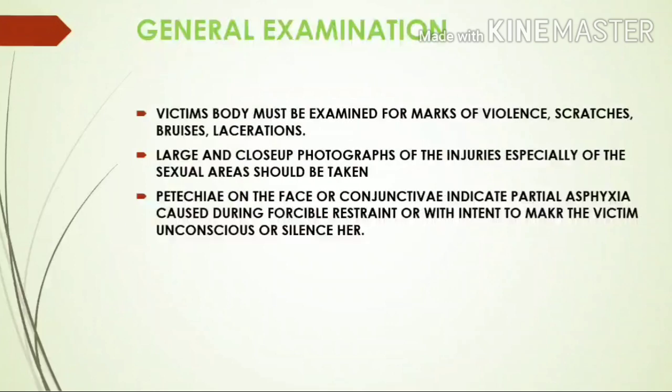Now, general examination. A victim should be examined for marks of violence such as scratches, bruises, lacerations, and areas of tenderness resulting from the struggle, as regards their appearance, extent, situation, and probable age. The extent and nature of general injuries should correspond to the victim's description of the assault.